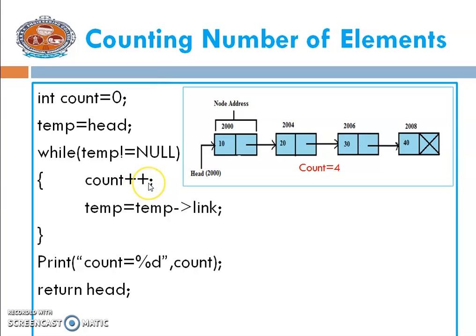Increment count by 1 until temp is equal to null. If this condition is encountered, exit from the loop and print the count of the nodes. In our example, there are 4 nodes present in the linked list, so the count is equal to 4.